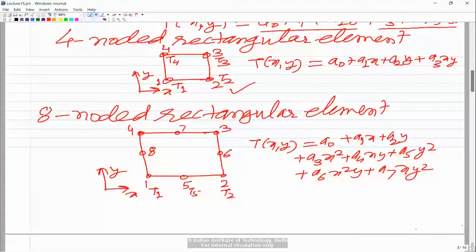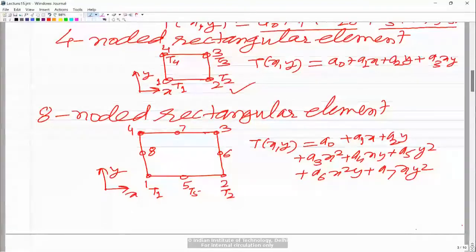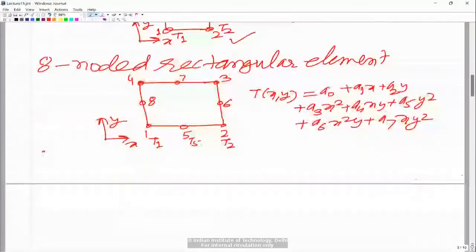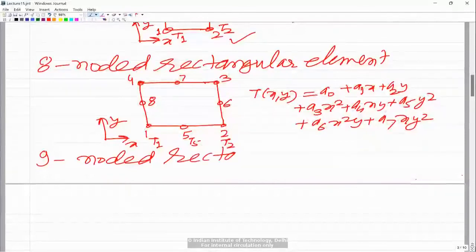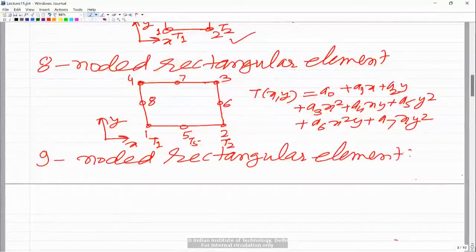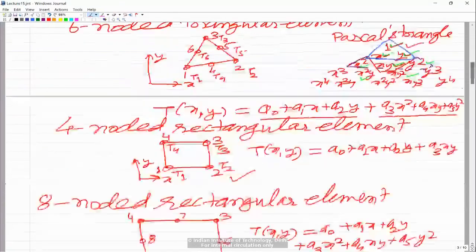Then the next level is the 9 noded rectangular element. We are increasing only one node. In the case of the 9 noded element, in the Pascal's triangle we have to include one more term.